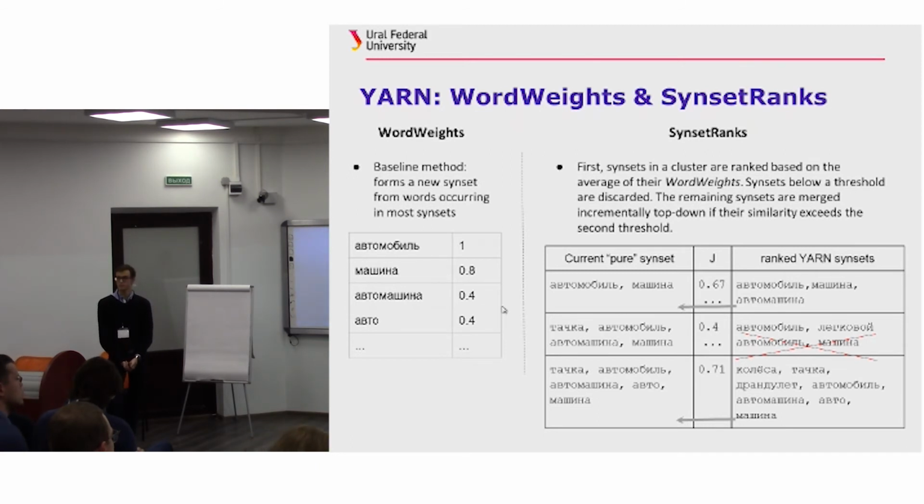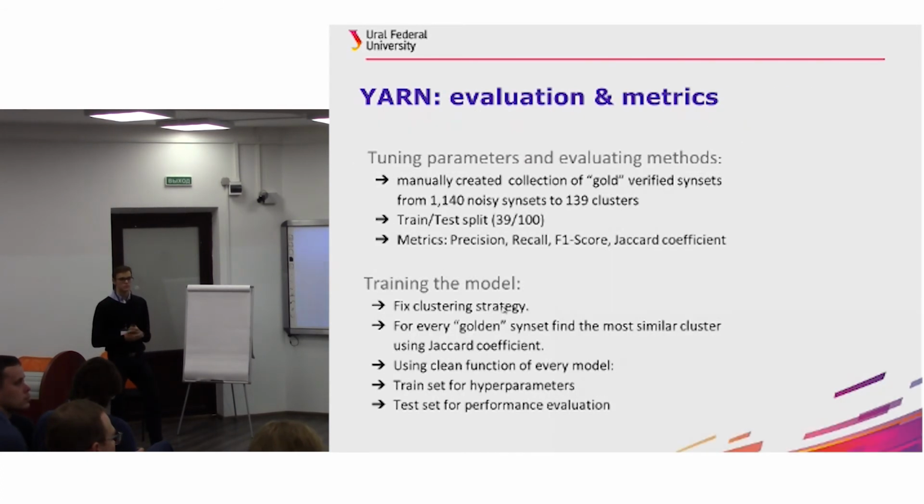Okay, more questions? Please. Just a clarification question. How did you validate your gold dataset that you compared it to? Like, how do you know that it's not as noisy as the original? It was made by our research group, which consists of professional linguists.